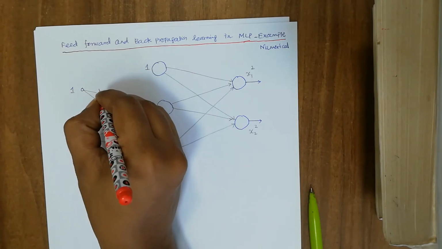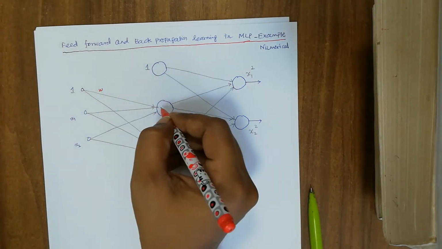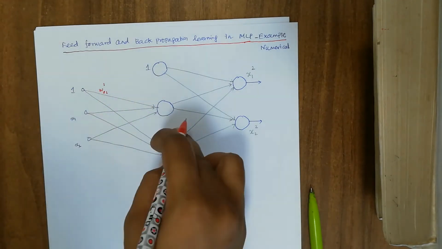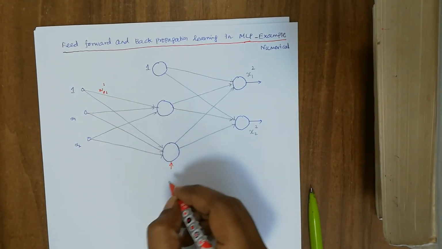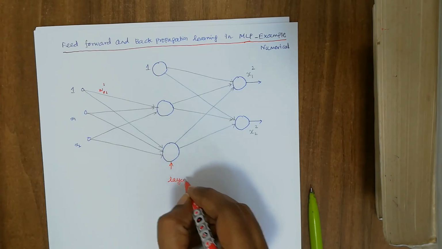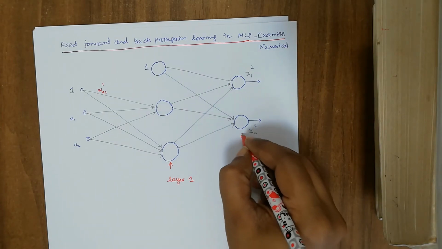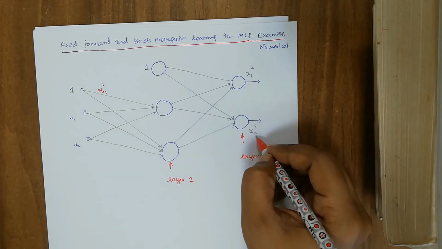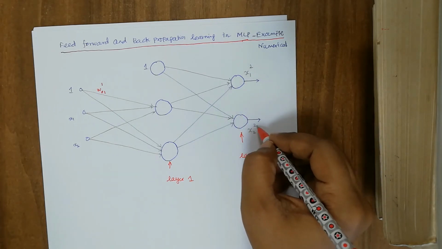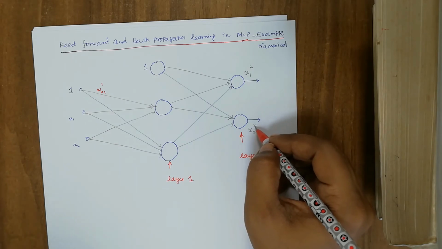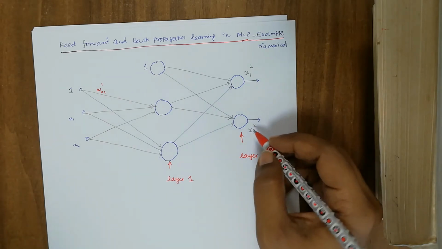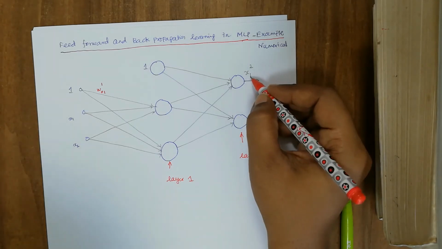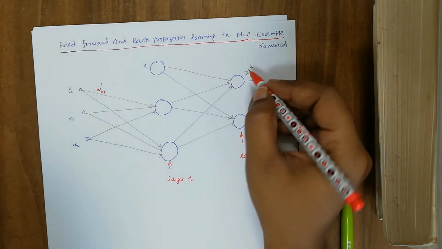Okay, so this weight connects from 0th node to 1st node. So 0 1, which layer does it connect to? The layer 1. So this is layer 1, this is layer 2. So x2 with superscript 2. So the superscript denotes in which layer it is. And here x1 is the output of the first neuron in the second layer.